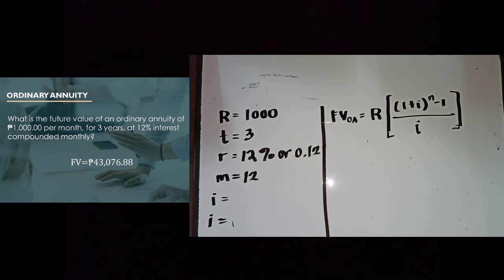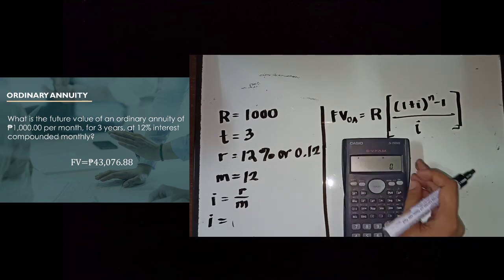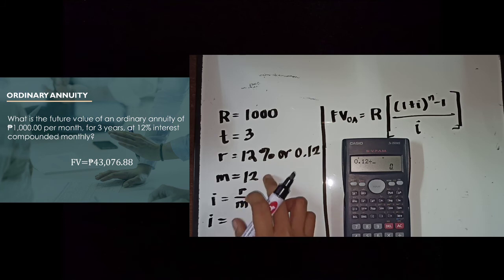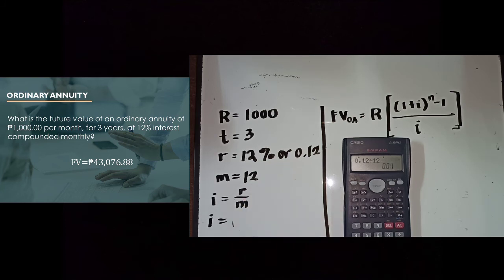And the value of your I, paano natin isi-solve yung value ni I? To solve for I, that is small letter r divided by M. The value of your R is 0.12, divided by the value of your M, which is 12.